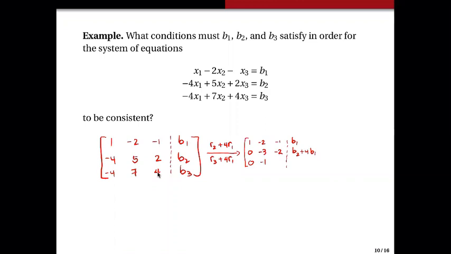In here you have 4 plus 4 times -1, that becomes what? 4 minus 4, that's 0. Okay? And then, what else? We have here B3 plus 4B1.